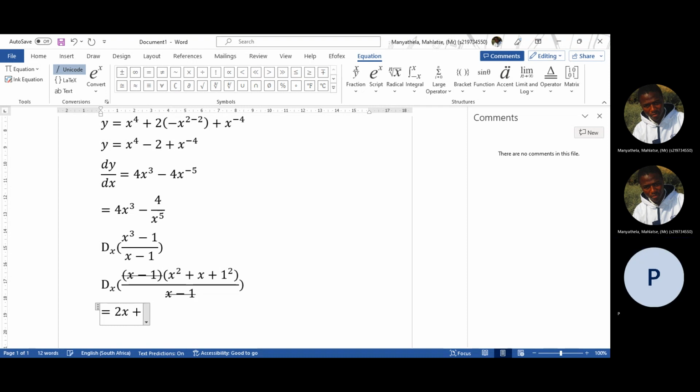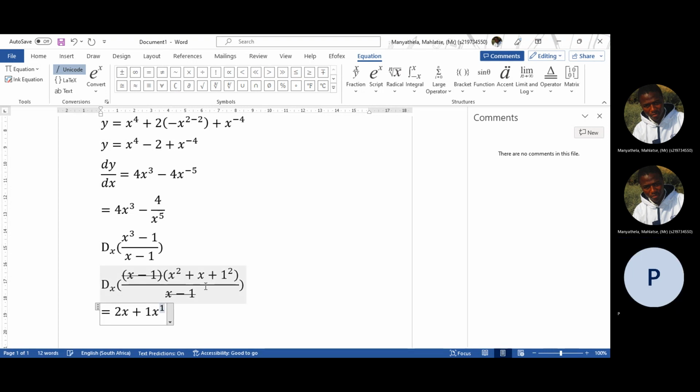As we said, x is the same as x to the power 1, right? Yes. So 1 comes down to multiply x, and then from the exponent we are going to subtract 1. So it's 1 minus 1, because our exponent is 1. So 1 minus 1 gives you 0.